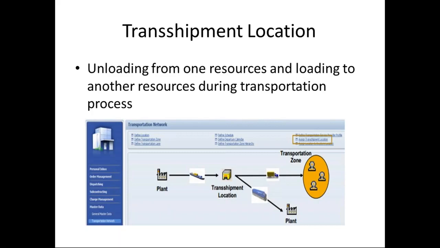If you want to connect these three points, Bangalore, Kolkata and Chennai, the Chennai location is called the transshipment location. Why? Because it is the place where the materials are unloaded from one transportation mode and loaded to another. So the place where the change of transportation mode happens is called a transshipment location.